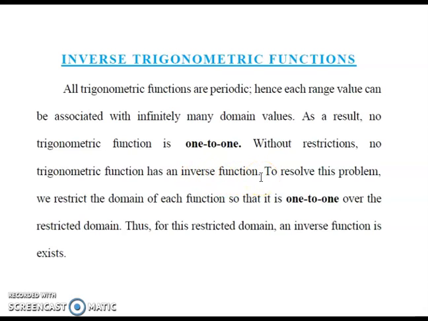Any function which satisfies one-to-one, only then does its inverse function exist. To resolve this problem, we restrict the domain of the function so that it is one-to-one over the restricted domain. Thus, for this restricted domain, an inverse function exists.